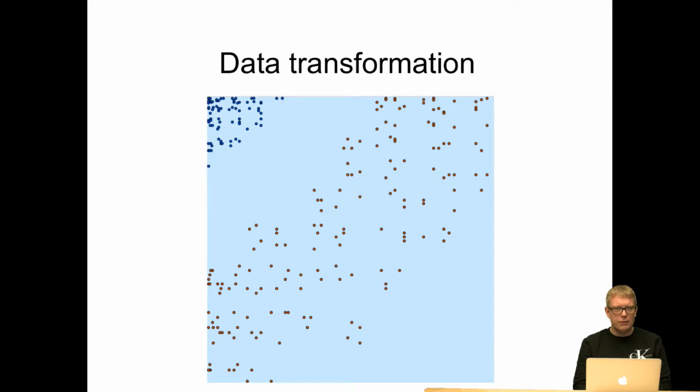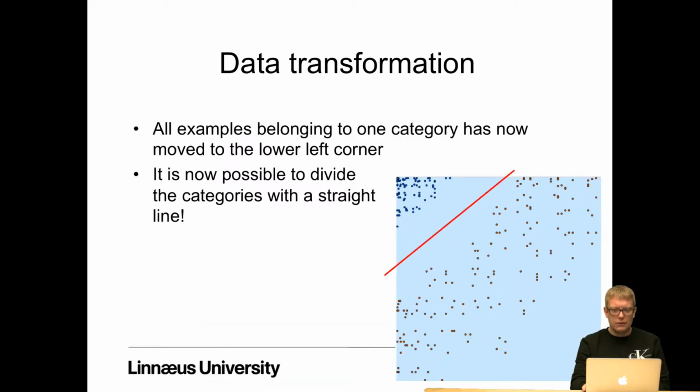So now we have a clear separation between the blue category and the red category. All examples belonging to the blue category are now moved to the upper left corner, and the red is in the center, the diagonal. And it's now possible to find a straight line dividing the two categories as shown in the figure.